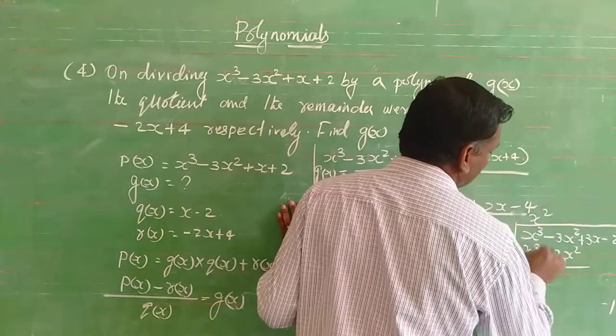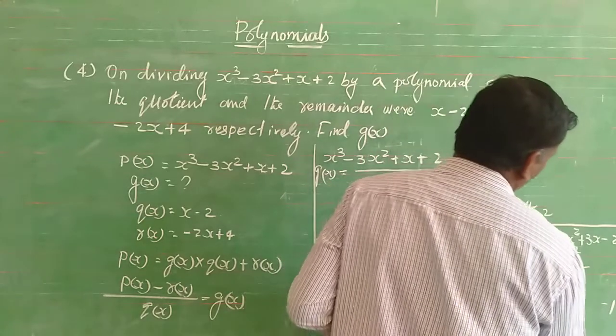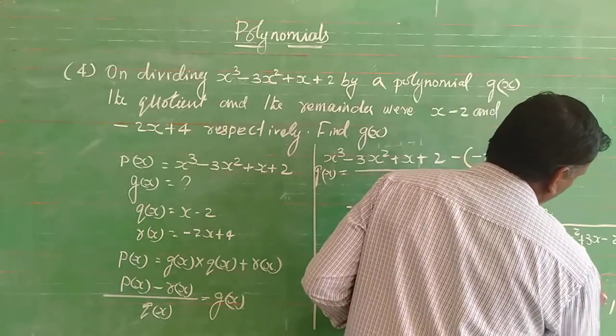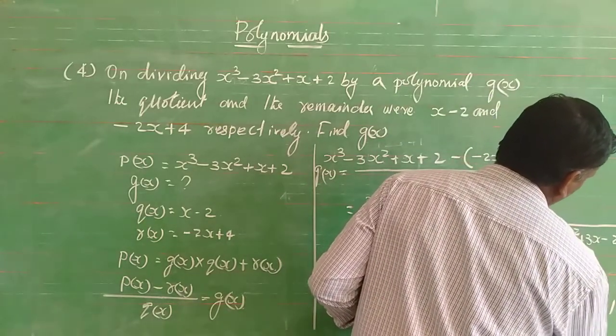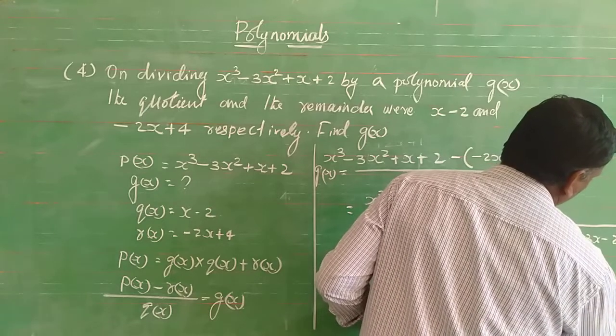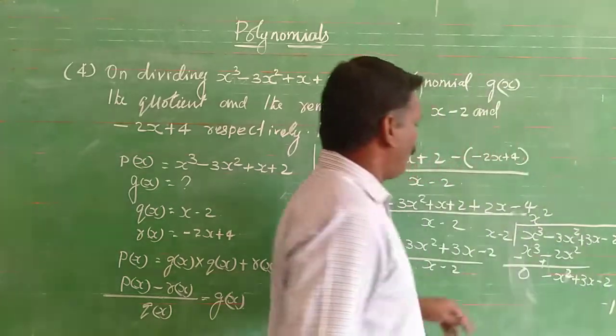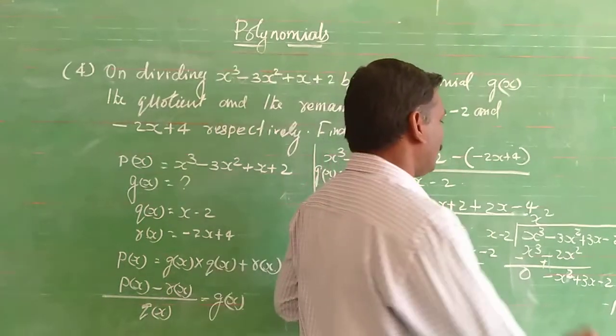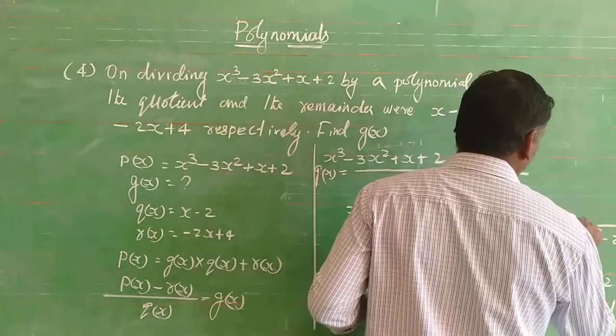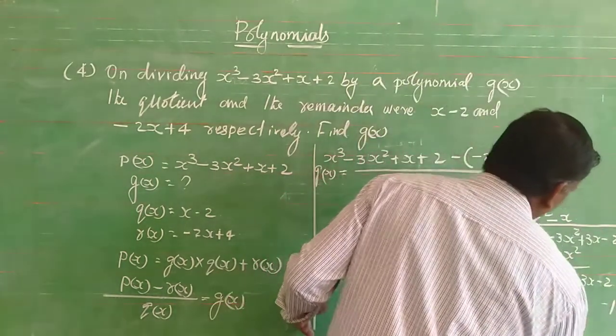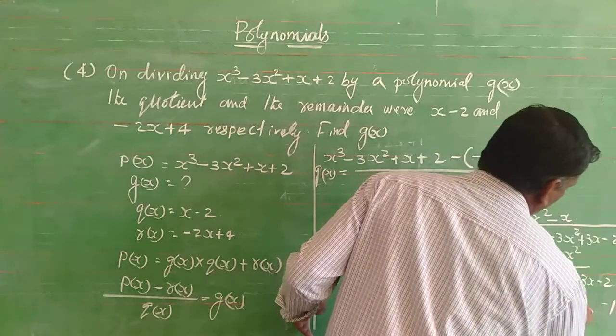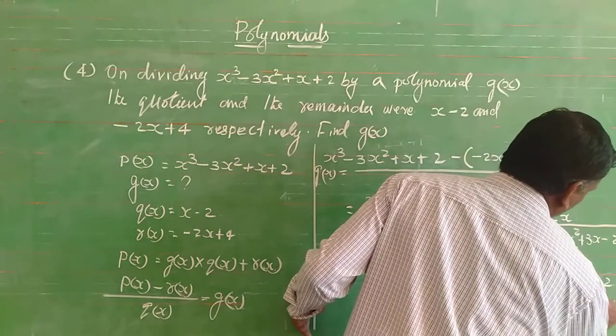Sign will change, so we get minus x square plus 3x minus 2. Next, to cancel minus x square, minus x into x minus 2 is minus x square plus 2x.